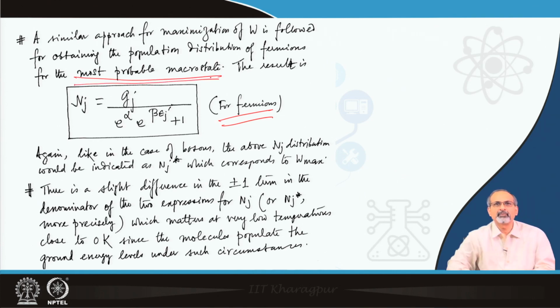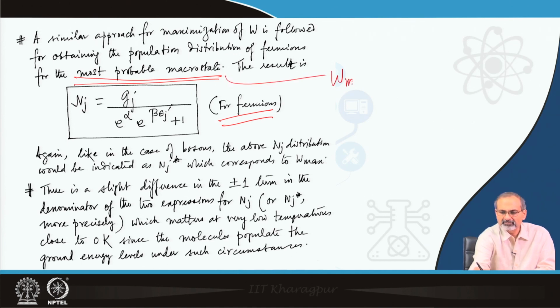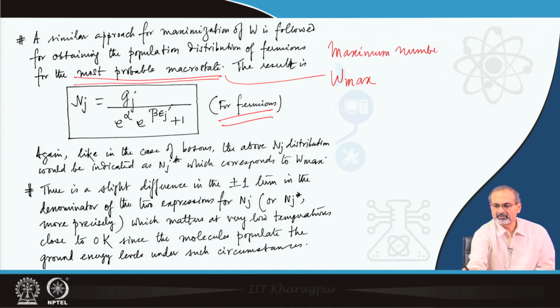The most probable macrostate is connected with the maximum number of microstates. So, they go hand in hand.